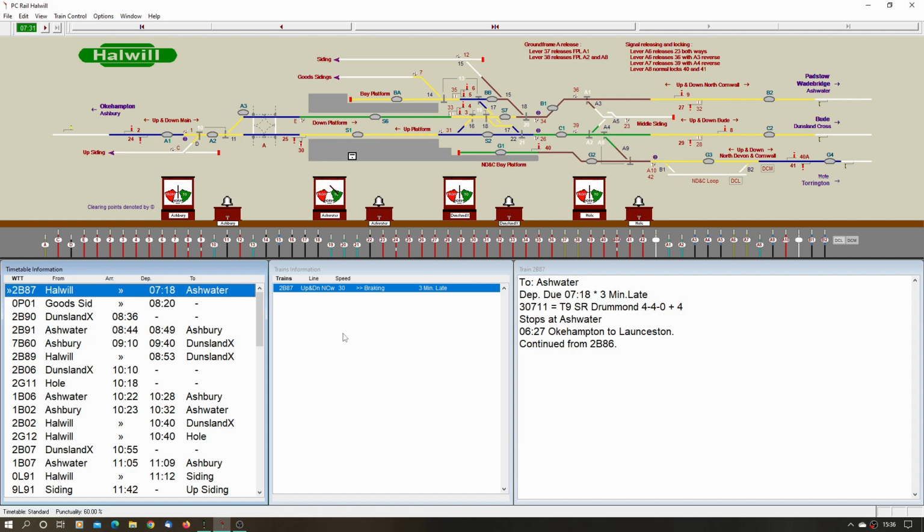Right, we'll rejoin that. We've got the train on the Ashwater line is now braking. And that's out of section. Again, he seems to stop on the layout.